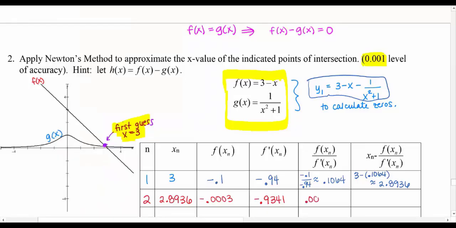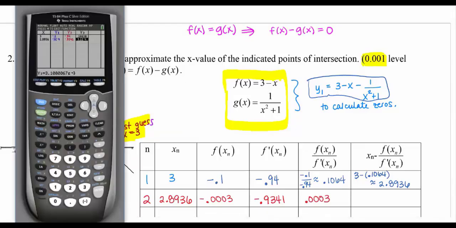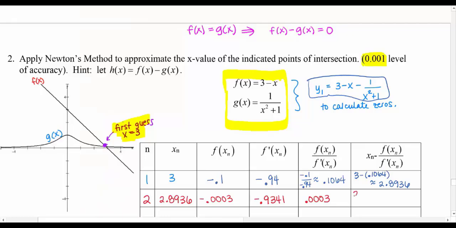And if you're not sure how I'm getting that, that's because of the e negative 4, so it's scientific notation times 10 to the negative 4. So you take this decimal point and you move it 4 places to the left. So then this becomes 2.8936 minus 0.0003. So this is approximately 2.8933.